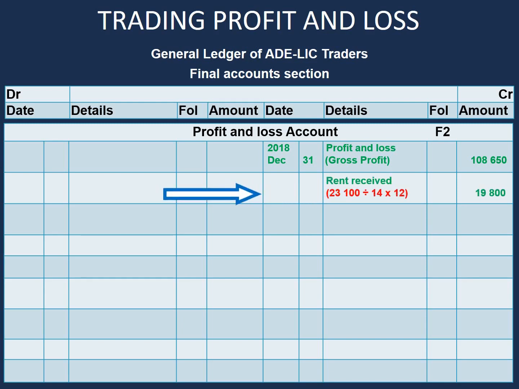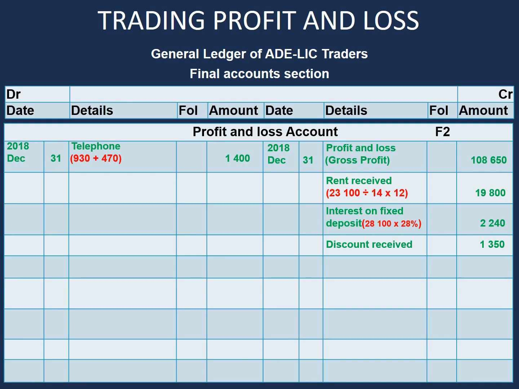We will credit rent received with 19,800, and again we show our calculation in brackets. And always remember, our income and expenses should be recorded for 12 months only. The next income we have is interest on fixed deposit, 2,240, and the last other income we have is discount received, 1,350.